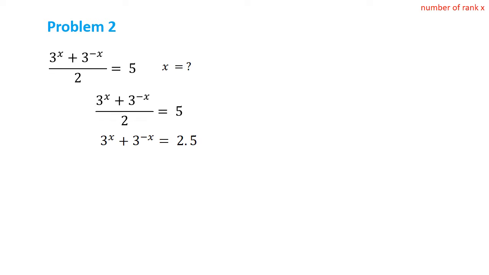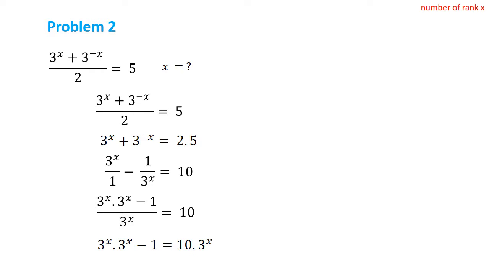Do the cross multiplication. We get 3 to the power of x times (3 to the power of x minus 1) equals 10.